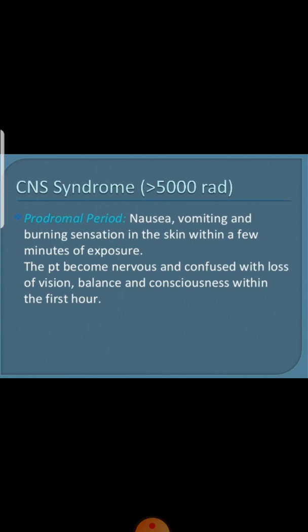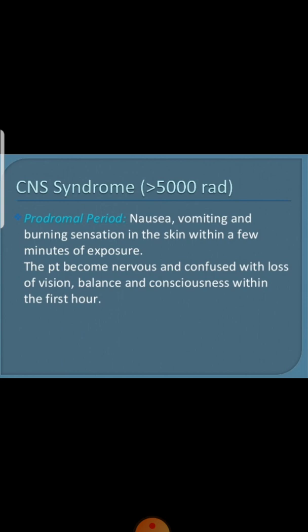The next syndrome is central nervous system syndrome, and it will occur when the radiation dose is in excess of approximately 5000 rad, and there will be a series of signs and symptoms that will lead to death within a matter of hours to days. First, there will be severe nausea and vomiting, usually within a few minutes of exposure.